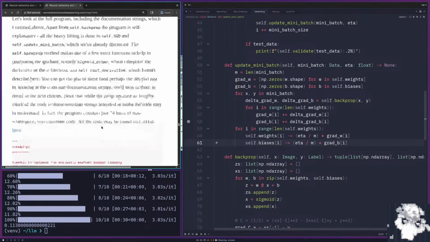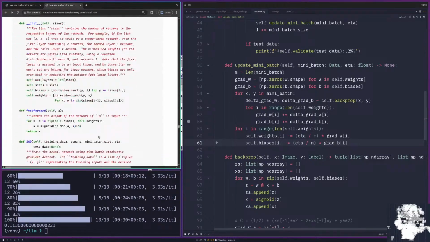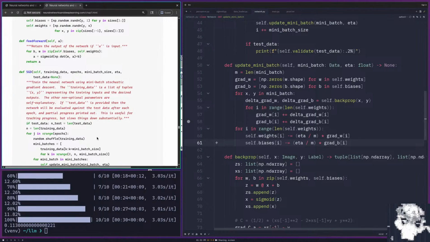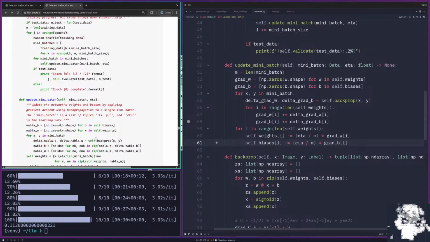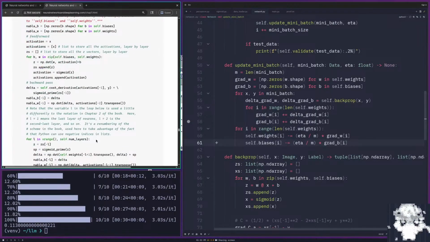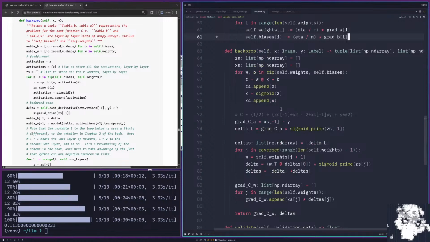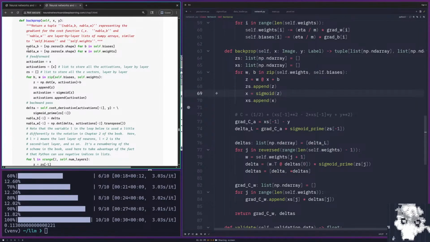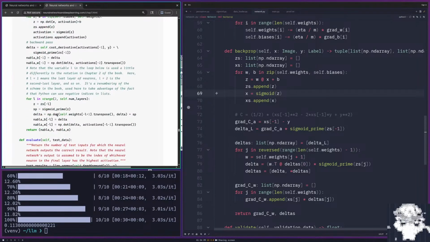Now let's take a look at backprop. So they're declaring the things they're going to return at the top, and then they return them at the bottom.